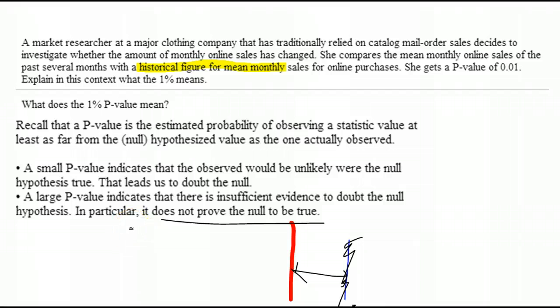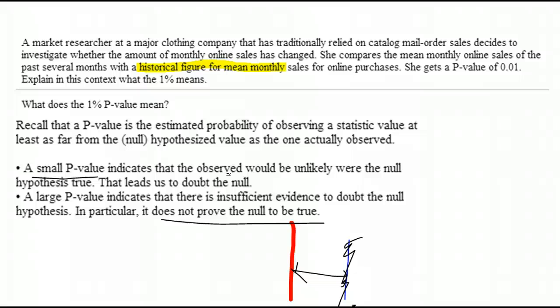So you don't have enough reason to say, hey, I'm questioning that, I want to kick it out. That's not what a large p-value does. What a small p-value does is that it indicates that the observed value would be unlikely were the null hypothesis true. So if the null hypothesis is true and you have a small p-value, then it means the observed measurement is extremely unlikely.